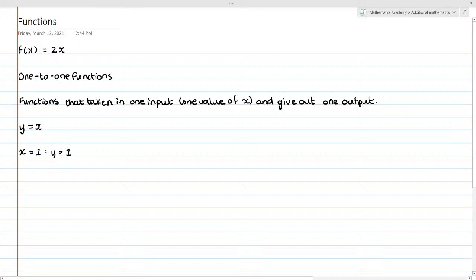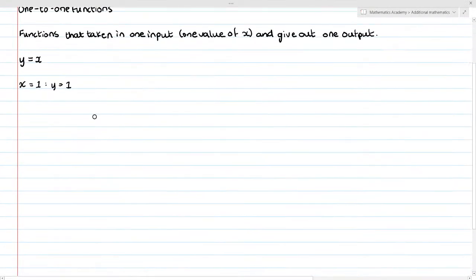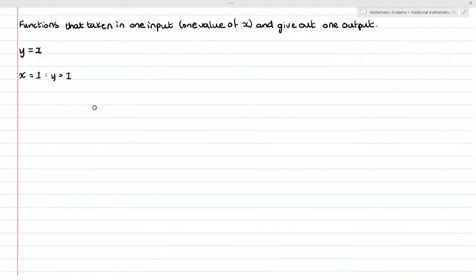And I can never get 1 from any other value of x. So if y is 1, x has to be 1. And similarly, when I plug in 1 for x, I cannot get any other value of y. This is a one-to-one function.